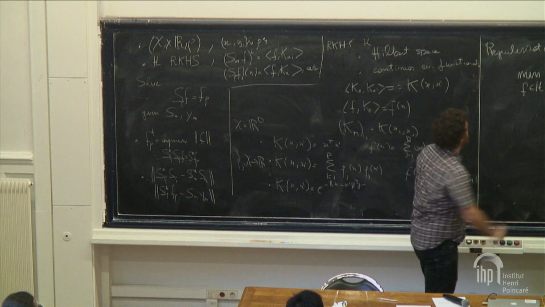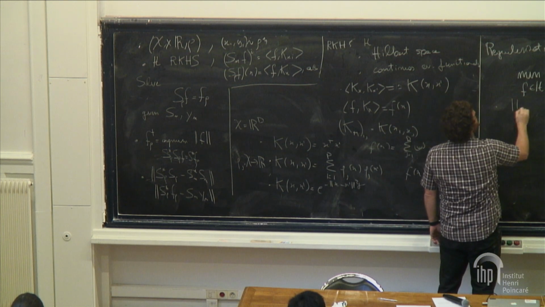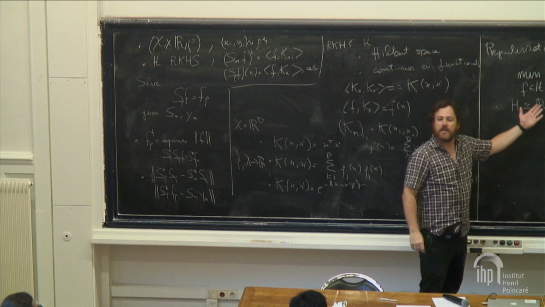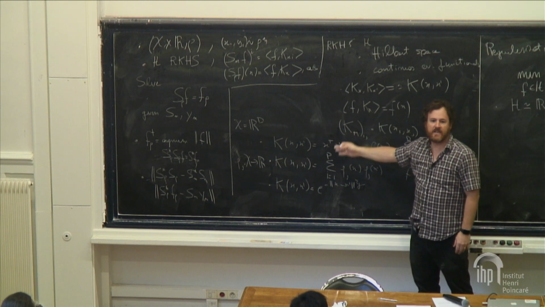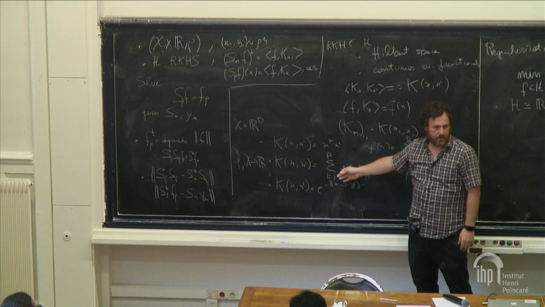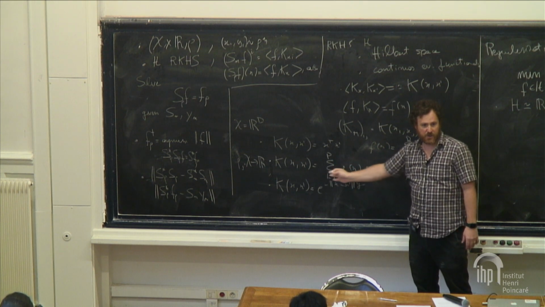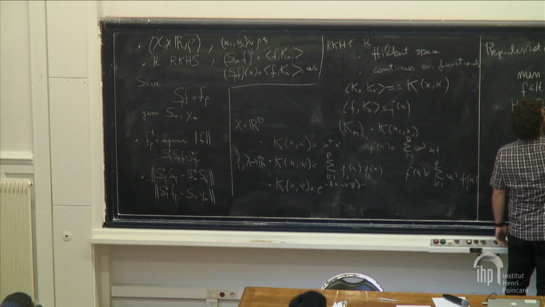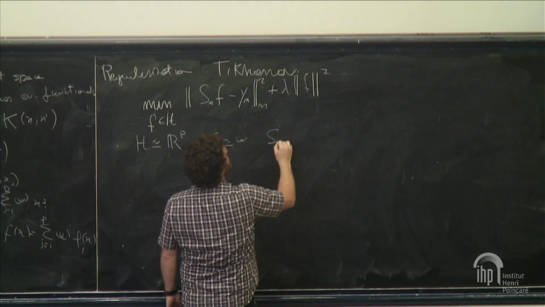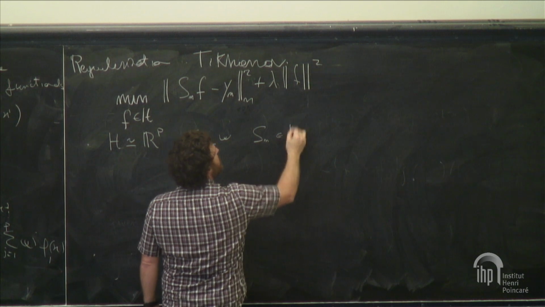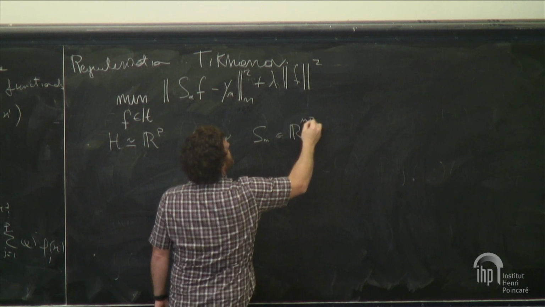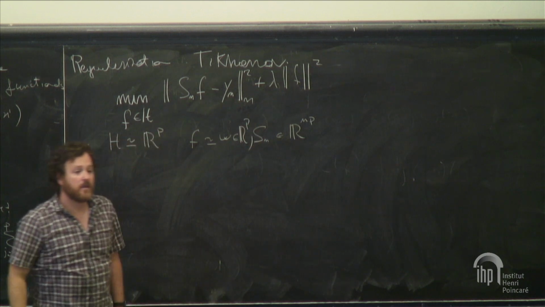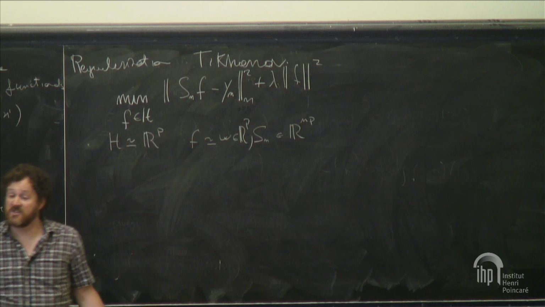Then effectively you can recognize H to be essentially a finite dimensional case of some dimension P, either the dimension of the data or the dimension of the feature space induced by a dictionary. Then you have that functions are really just vectors, and that these operators are really just matrices. Okay? That's all you have.